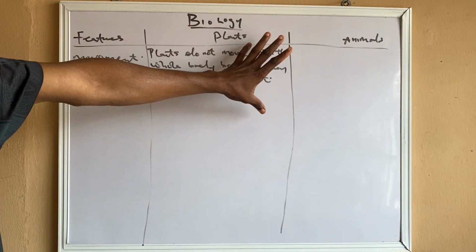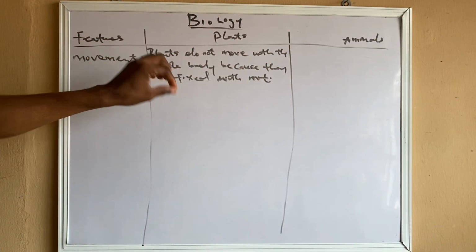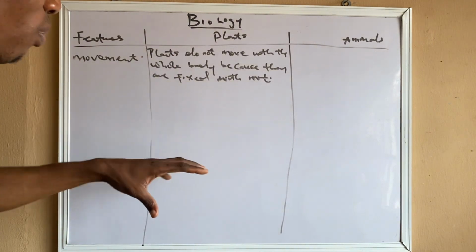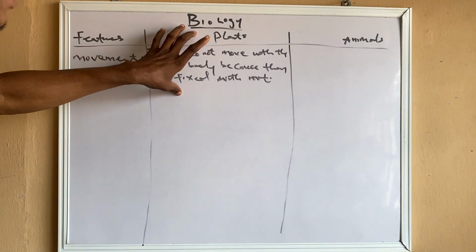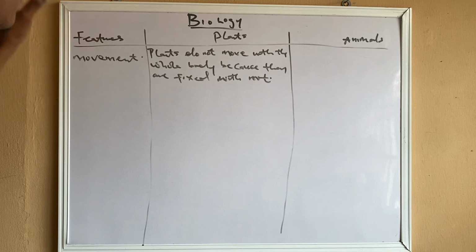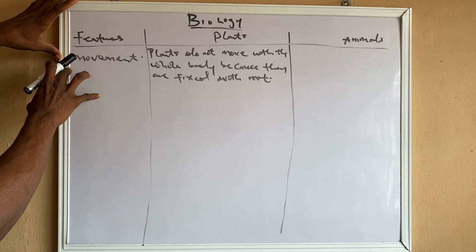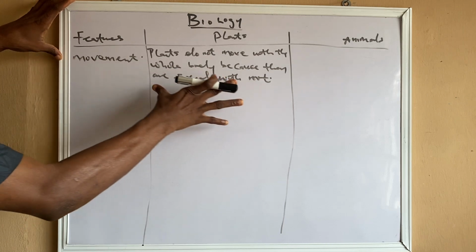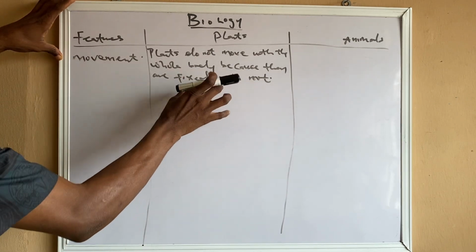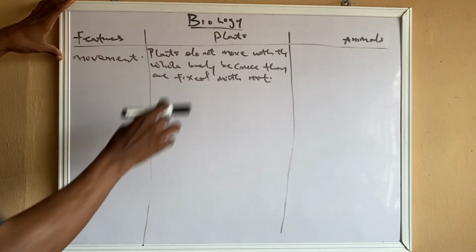Plants do not move the whole body, and because they are fixed in a certain position, it is difficult to say that a plant moves with the movement which is a characteristic of living things. But the plants are limited. Their movement is very, very limited. Even it is very, very rare.